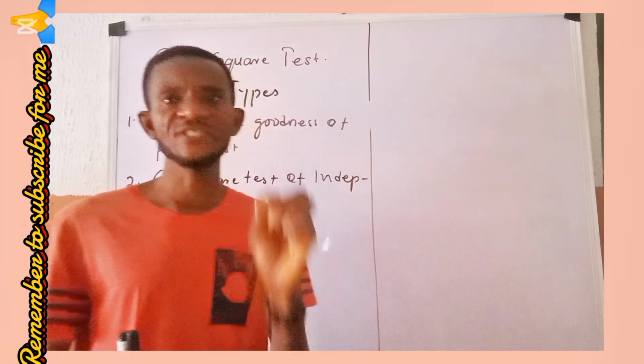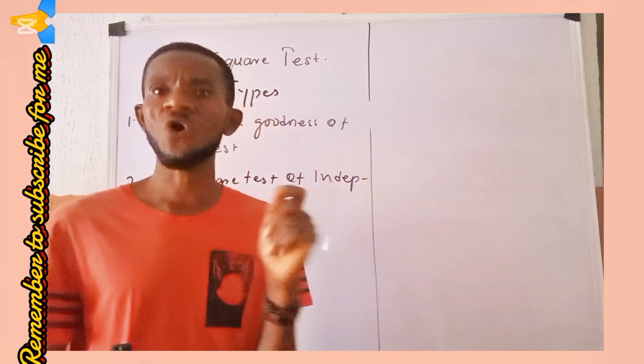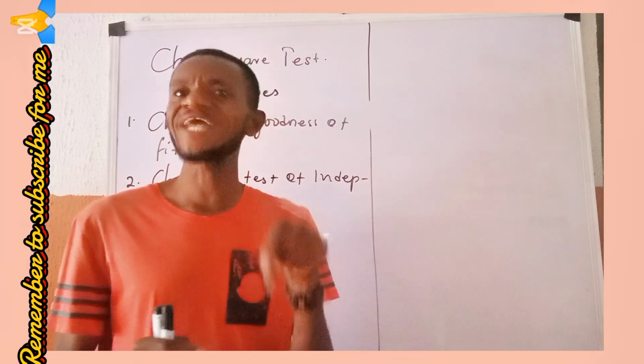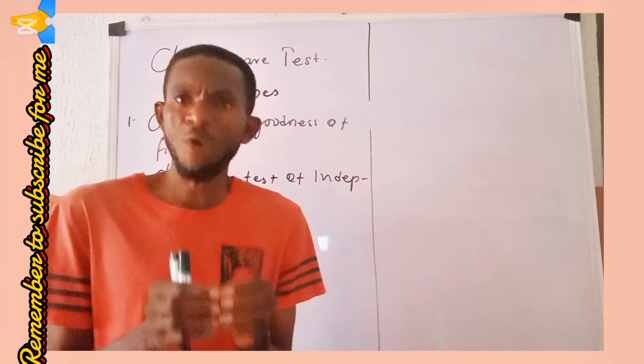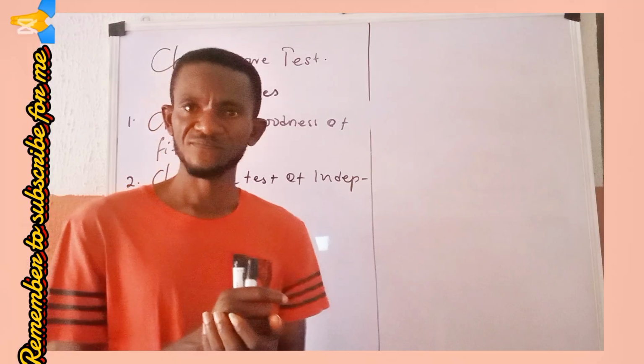The chi-square goodness of fit test is a statistical tool or measure that is used to determine how well our model fits the observed data sets.